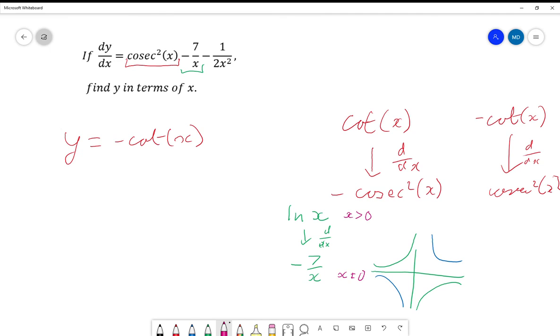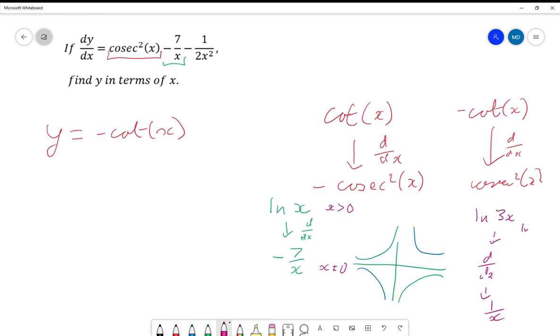Well, we remember that if I were to differentiate the natural log of 3x, we're just going to get 1 over x still. The 3's actually cancel out. And therefore the same applies to the natural log of negative x. That still differentiates to just 1 over x. And of course this one we've just talked about is only valid for x less than 0.